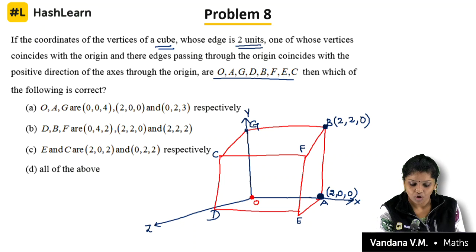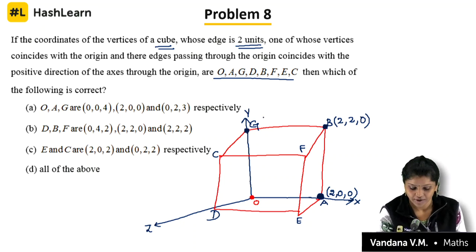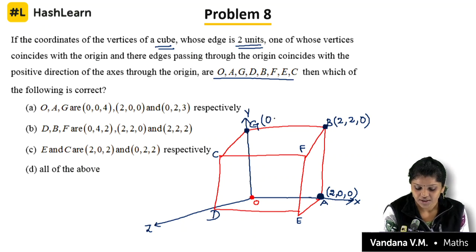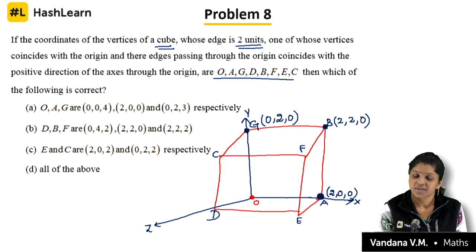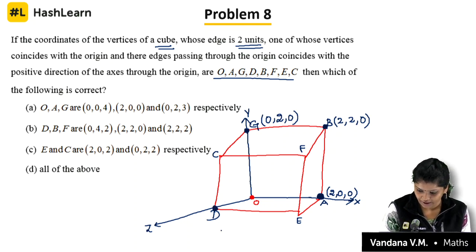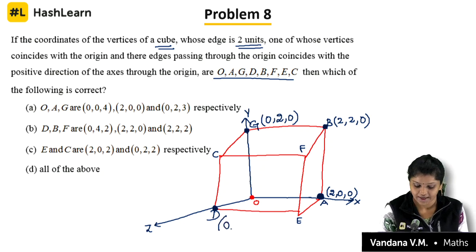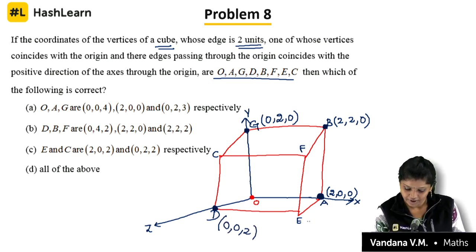Next, it is on the y-axis. If it is on the y-axis, how will you write the coordinate points? 0, 2, 0. Isn't it? Now you write which is on the z-axis. D points are very easy to write. It is on the z-axis, 0, 0, 2. Now remaining things.